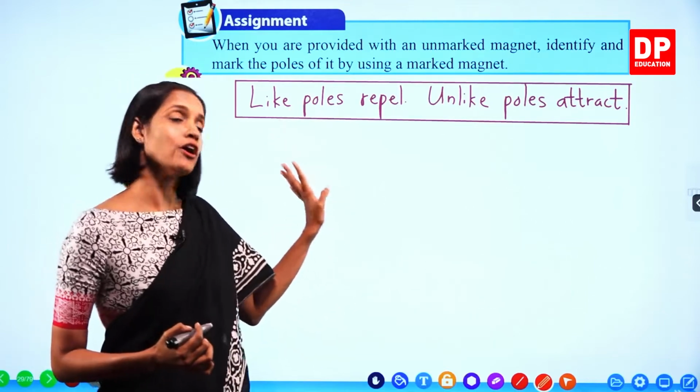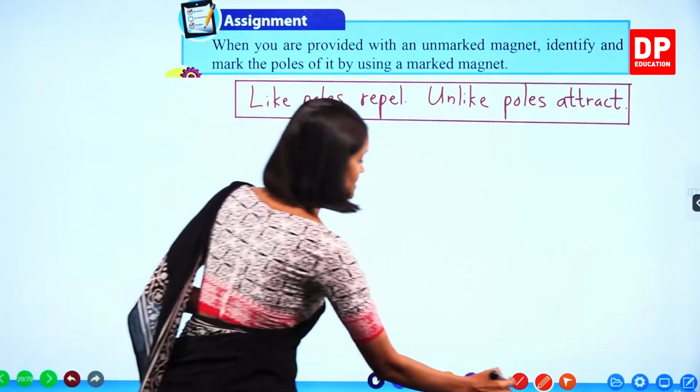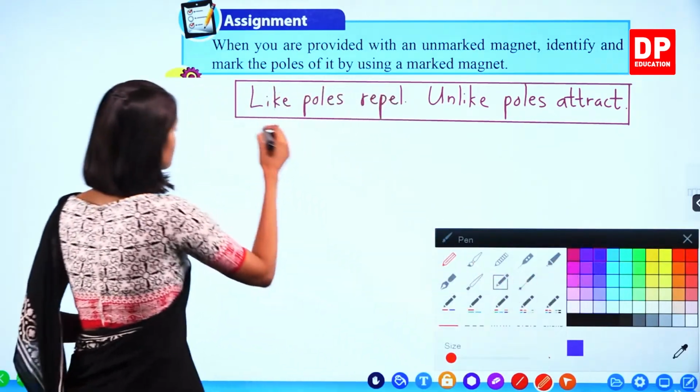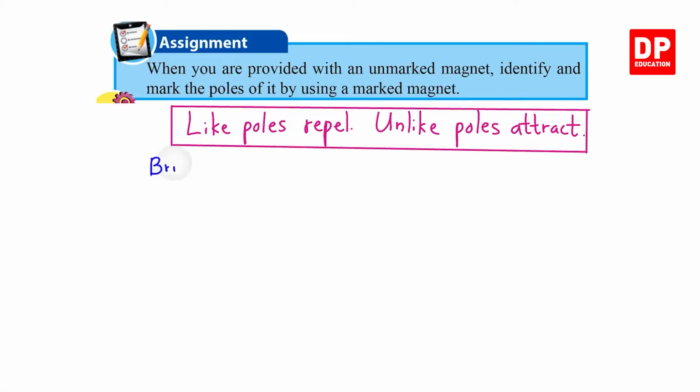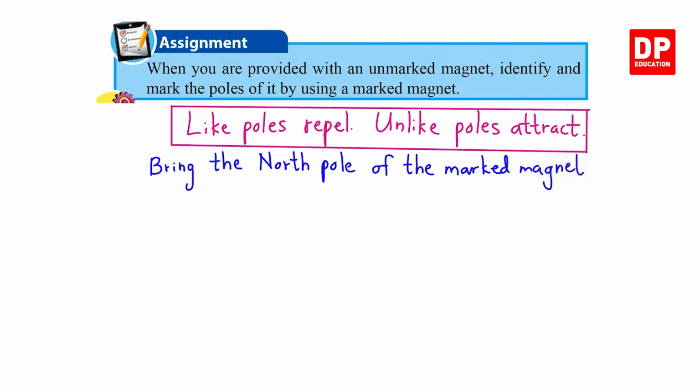First of all, we'll write down how to do this, right? Let's write. Bring the north pole of the marked magnet towards one pole of the unmarked magnet.